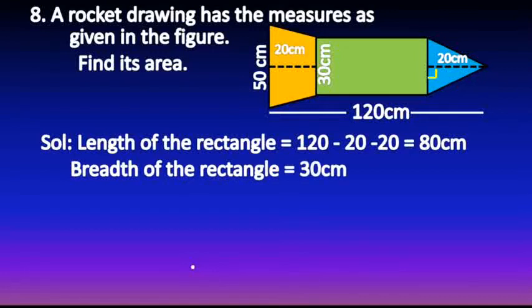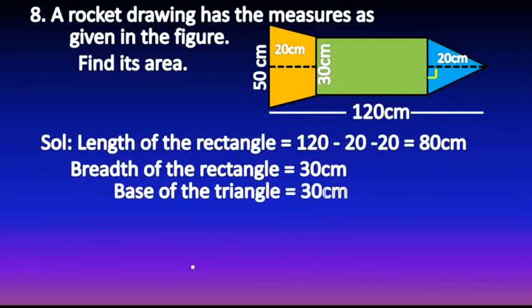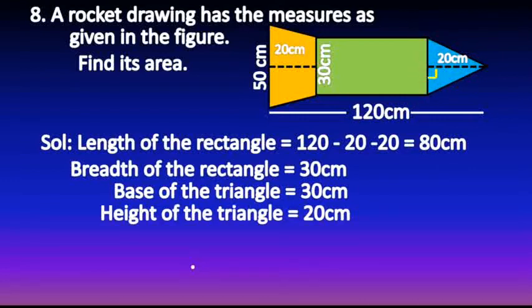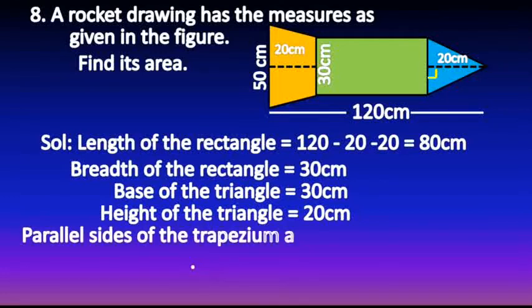Now the breadth of the rectangle is given as 30 centimeters. This is the breadth of the rectangle, that is 30 centimeters. The base of the triangle is also 30 centimeters. You can see the opposite sides are equal. So the base of the triangle is 30 centimeters. The height of the triangle is given as 20 centimeters. Here you can see the height of the triangle is 20 centimeters.